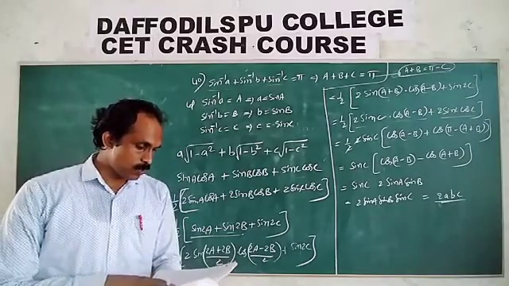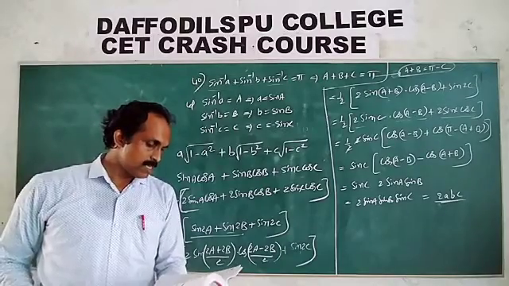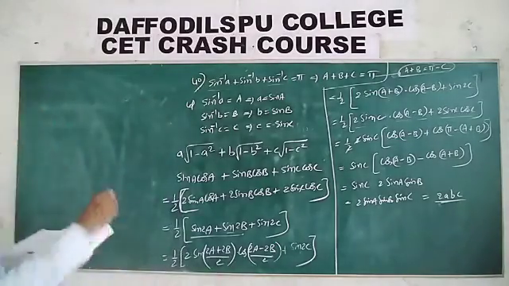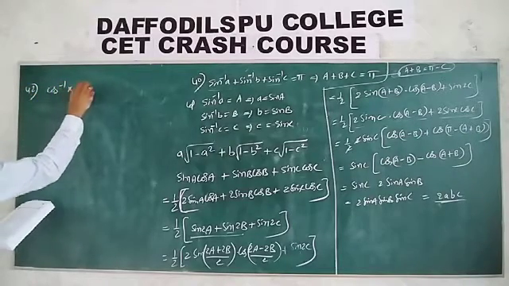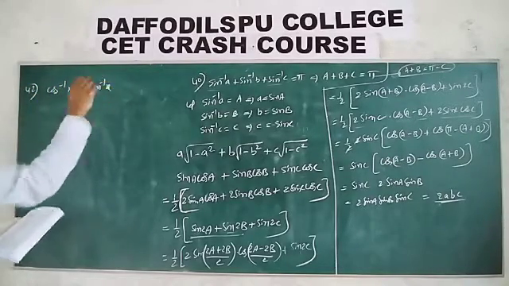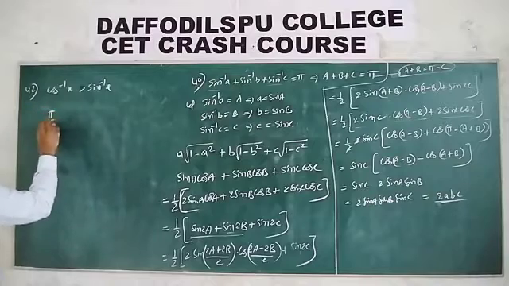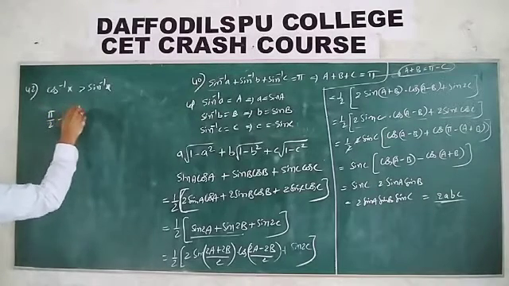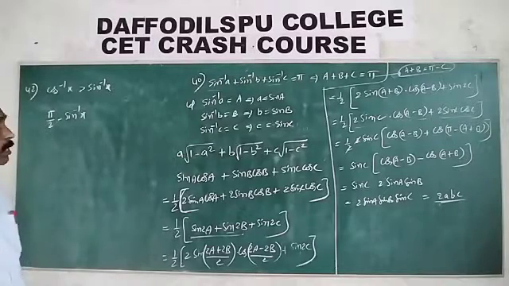Next one, 42. Cos inverse x greater than sin inverse x, then. Cos inverse x can be written as pi by 2 minus sin inverse x, by the formula sin inverse x plus cos inverse x is equal to pi by 2.